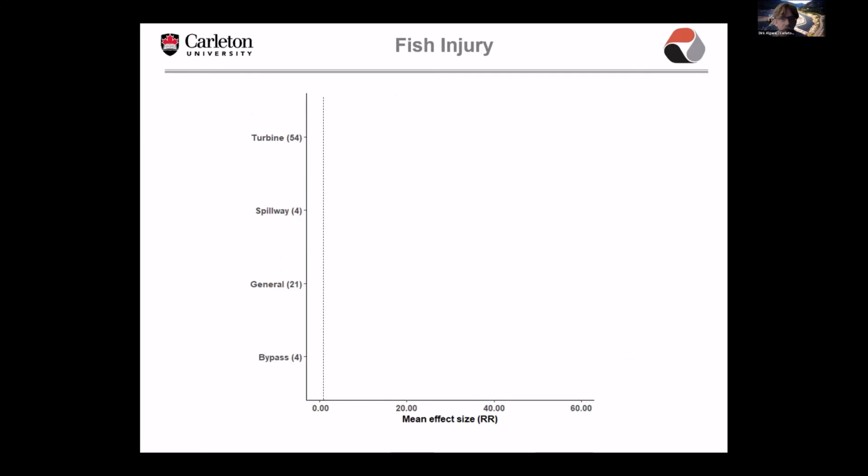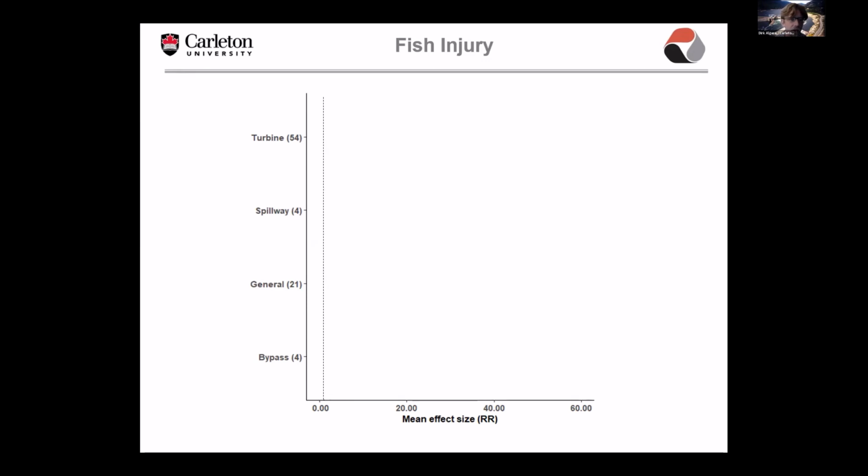Now moving into answering our secondary questions, looking at the effects modifiers, you'll see this figure a few times, so I'll run through it without any data on it. On the x-axis is the mean effect size, so the relative risk ratio, and on the y-axis are the different effects modifiers, with the sample size indicated in parentheses.